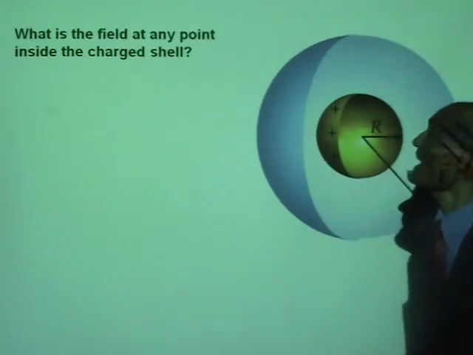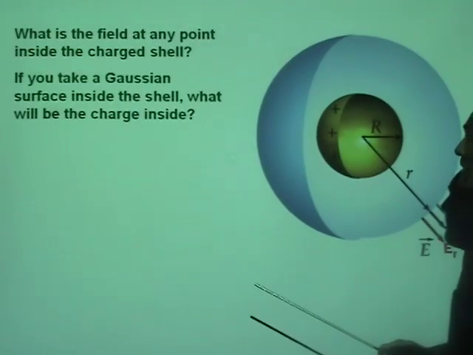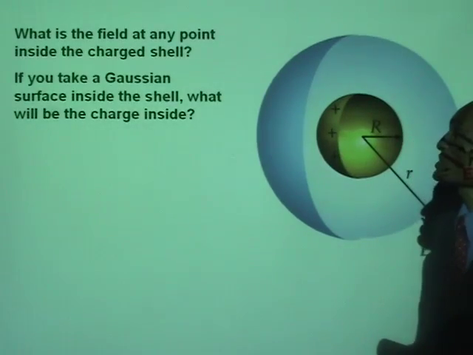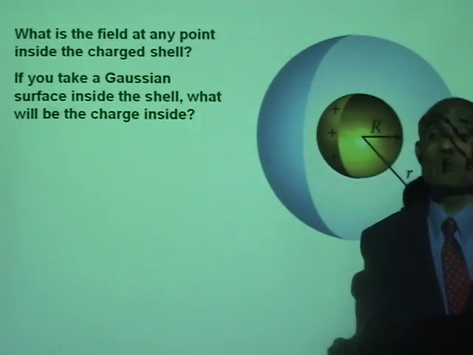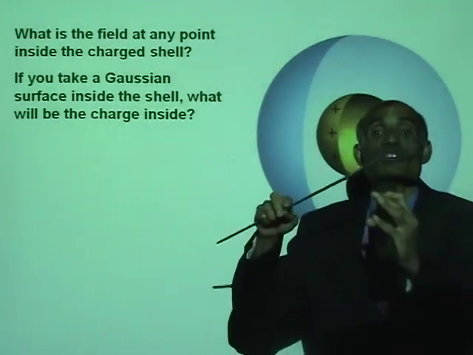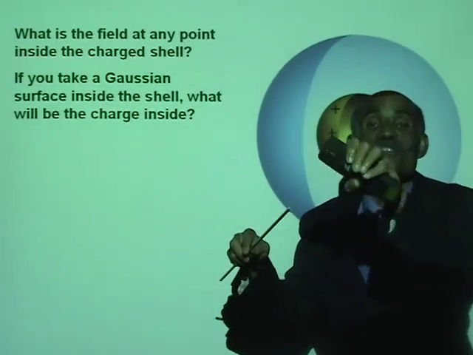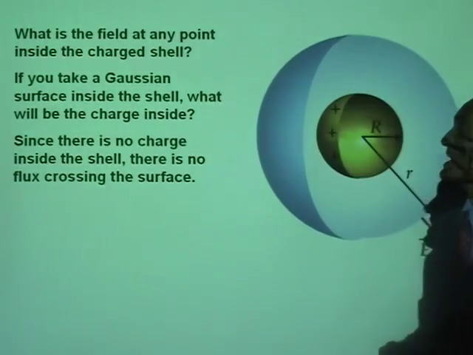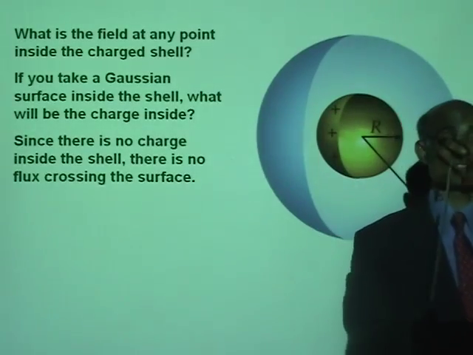What is the field at any point inside the charged shell? Alright, if you take a Gaussian surface inside the charged shell, what will be the charge on it? Well, remember, the charges are distributed over the shell. So if you take a Gaussian surface inside, there will be no charge inside. And since there is no charge inside the shell, there will be no flux crossing that surface.